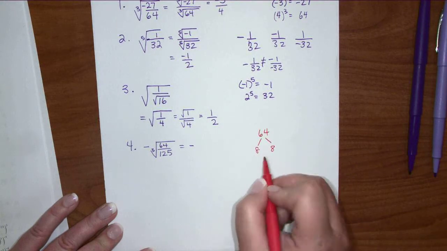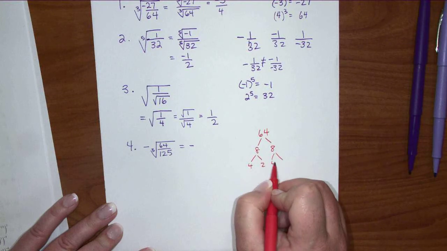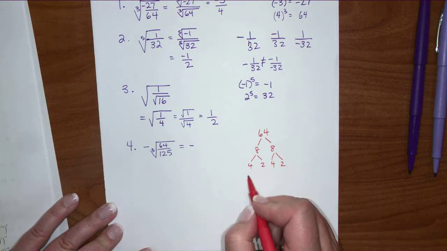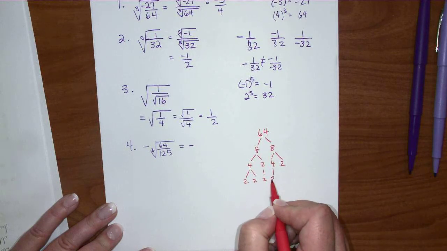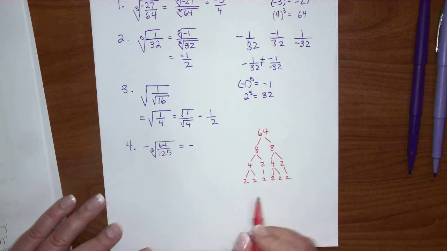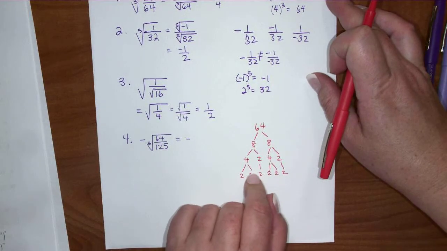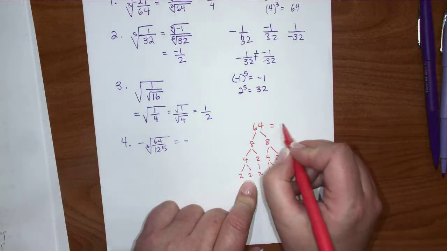It's okay, it's early. This is 4 and 2. So 4 times 2 times 4 times 2 equals 64. And could we go further down? All right. So let's count up how many 2's there are. 6 2's. So 64 is 2 to the power 6.